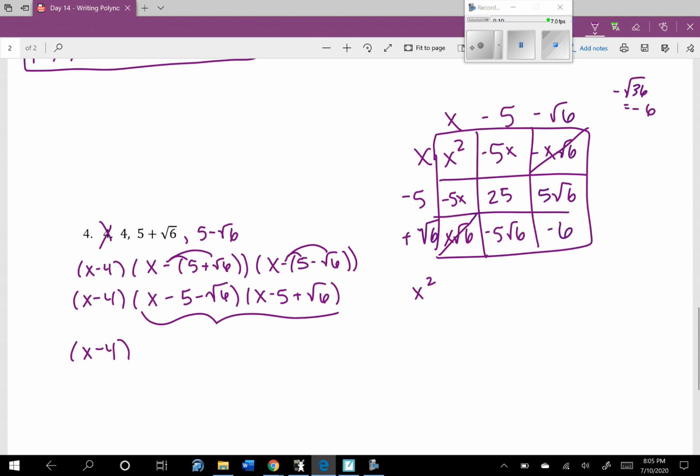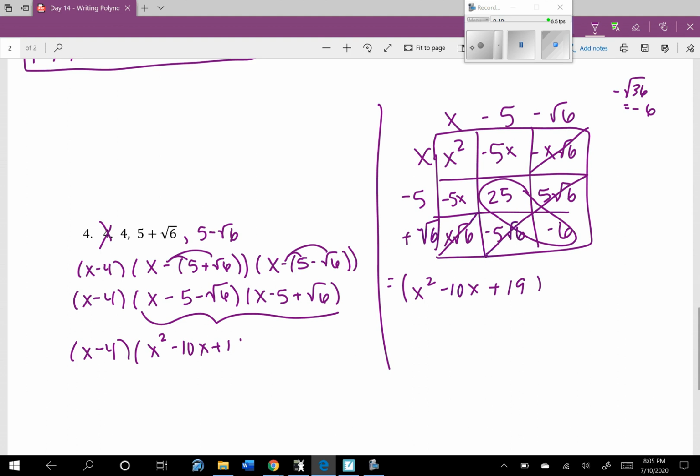Negative 5 root 6 and positive 5 root 6 also cancel out. And then the other like terms we have are the 25 and the minus 6. So when we do that, that gives us x squared, negative 5x and negative 5x is minus 10x, and 25 minus 6 is plus 19. So that's equal to these being FOILed.